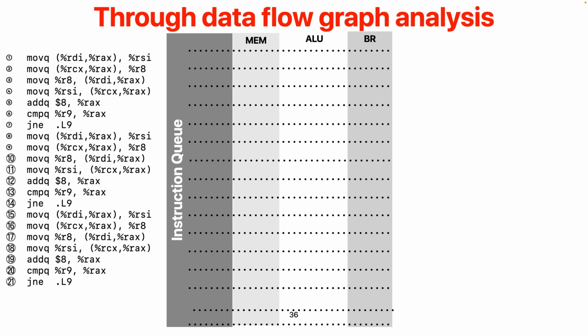Decoded instructions. Can every decoded instruction be executed? No. It needs no dependency, or say all the dependencies have been resolved. What does that imply? I have to schedule instructions based on data dependency.